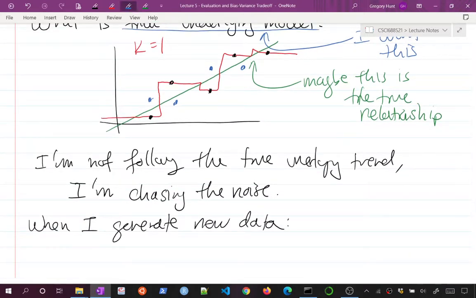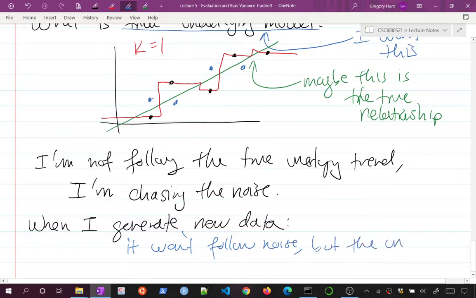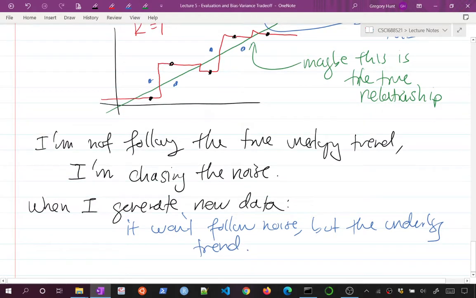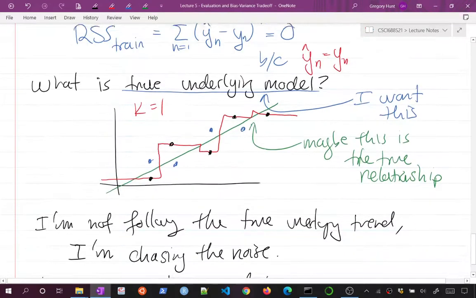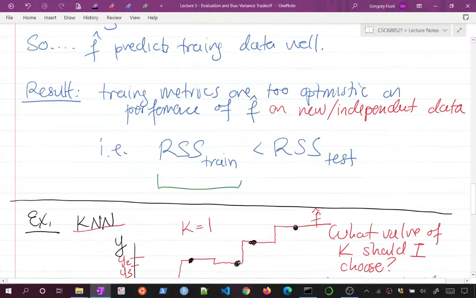And so just to write that in words, when I generate my new data, it won't follow noise, but the underlying trend. That's basically what I'm saying. So, as I wrote above here, what's going to happen is that my training RSS is going to be lower than my test RSS.